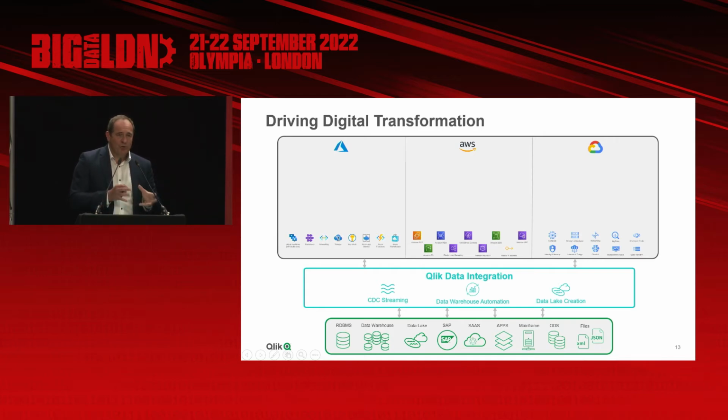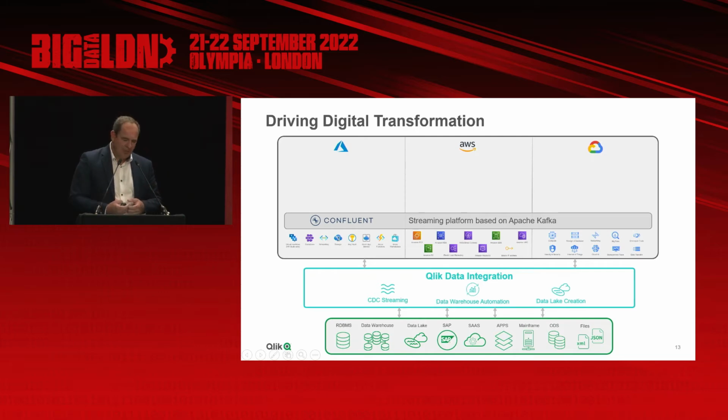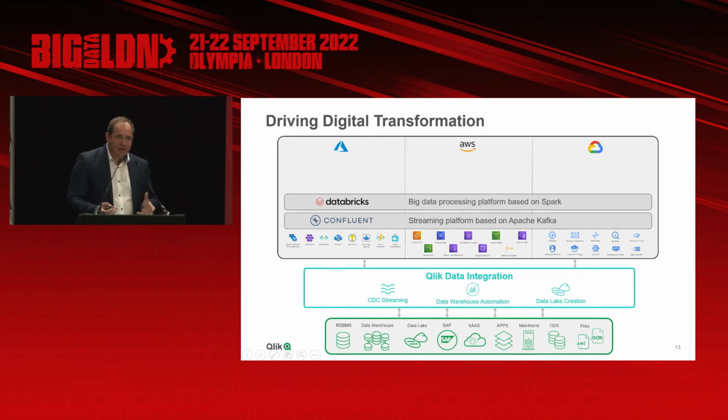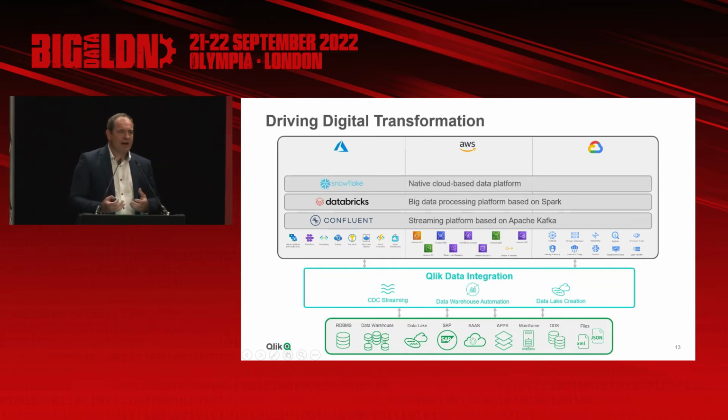We also have the same technical and commercial relationships with the tech stack vendors. So whether you want to turn your data into streams using Apache Kafka, in that management layer using vendors like Confluent, we can help you with that. Whether you want to build your data lakehouse with Databricks, we can help you with that as well. Or whether you want to build out your data warehouse and extend on Snowflake's data platform.